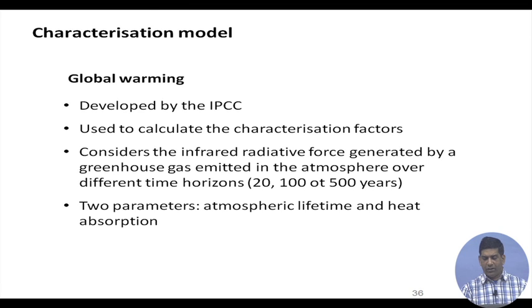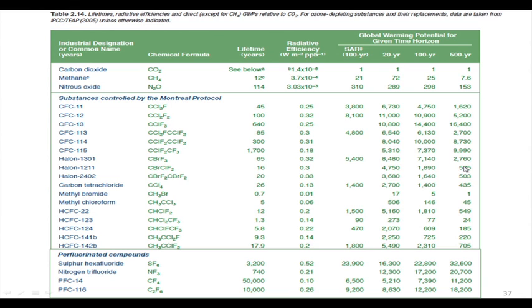They look at two things: atmospheric lifetime, how long it will last in the atmosphere, and heat absorption, how much heat is absorbed. So let's look at this particular slide, and then we'll end this module.